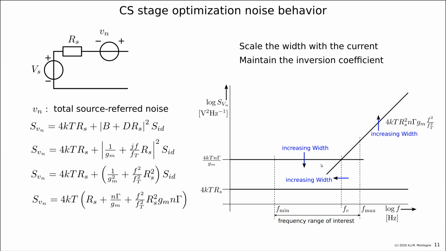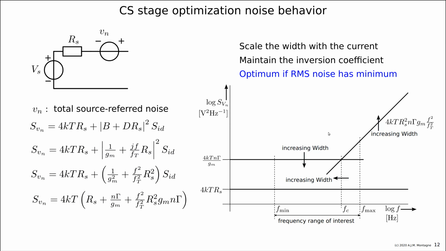But if I would go further with the increase, then I would have more high frequency noise and less low frequency noise, but the total integral will be worse. So I expect from this picture that there will be a kind of optimum, in which probably the contribution above the corner frequency to the total RMS value of the input noise voltage is equal to that of the lower frequency range.